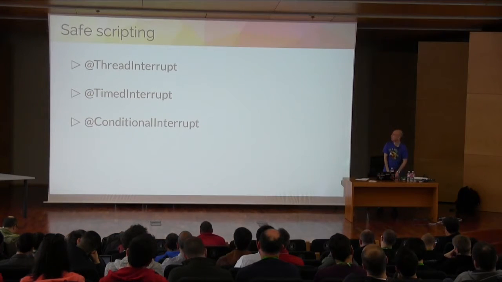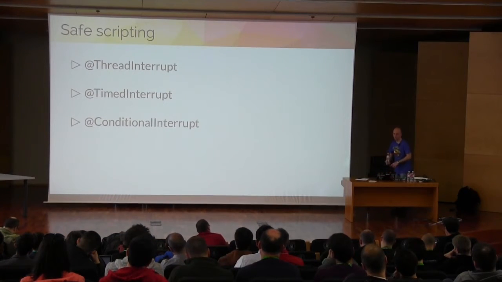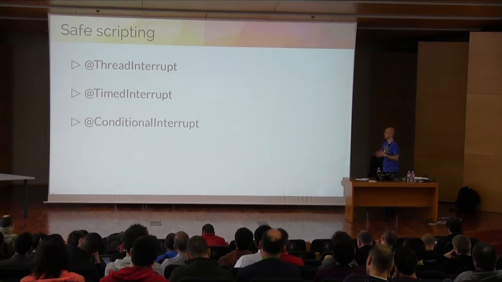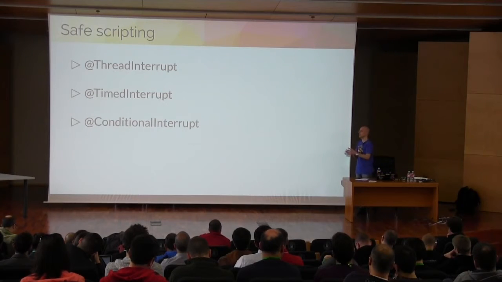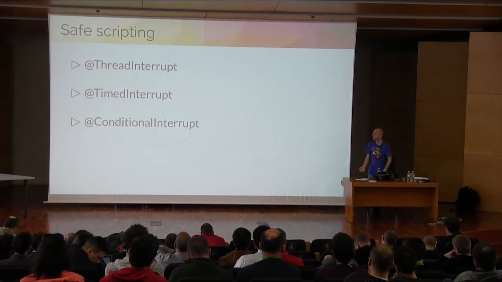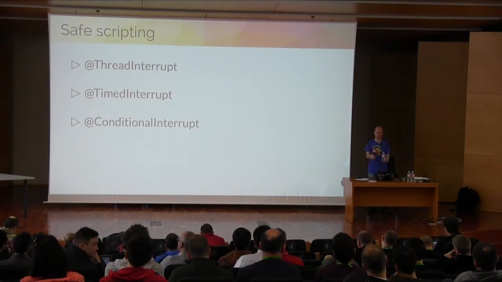We have three annotations, starting with ThreadInterrupt. As you know, it's not possible to forcibly stop a thread in Java. You can set a flag that you want to stop the thread, but the thread may or may not stop.